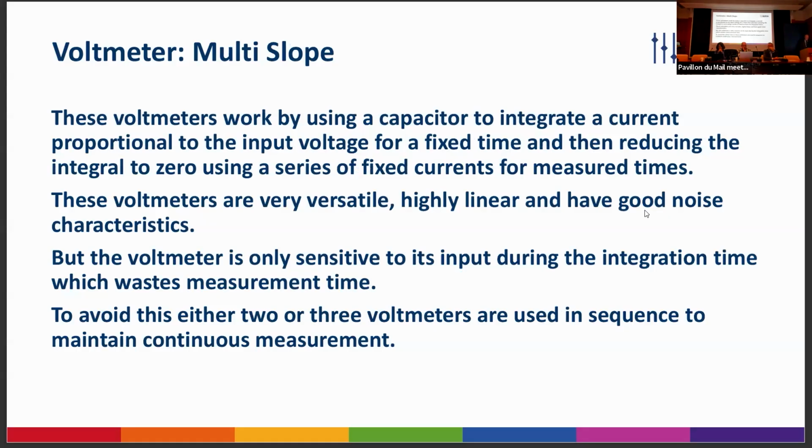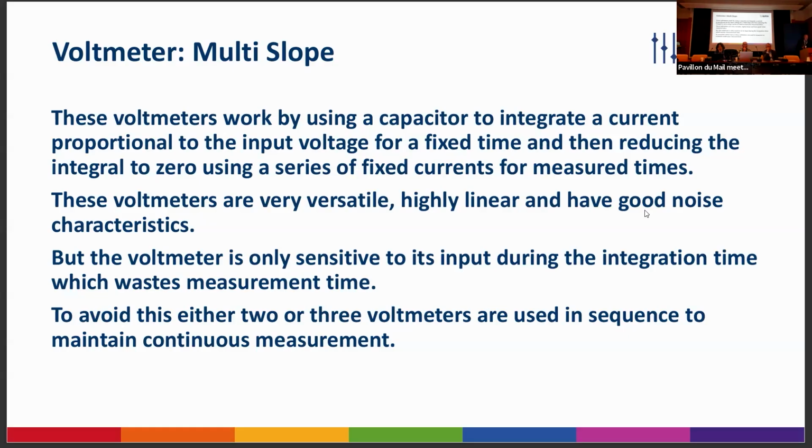So the multi-slope voltmeters work by effectively charging a capacitor from the input voltage for a fixed time, and then you reduce the integral to zero using a series of fixed currents, and that measures the input voltage. But obviously, as we said, they are only sensitive to their input during the integration time. They're extremely versatile. They're very linear, and they have good noise characteristics.